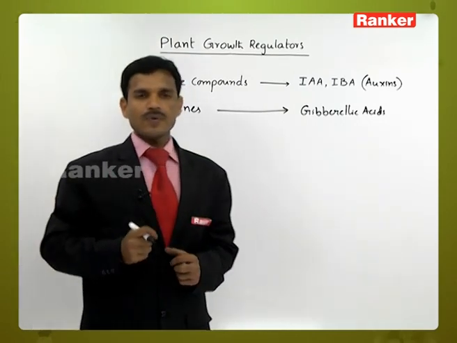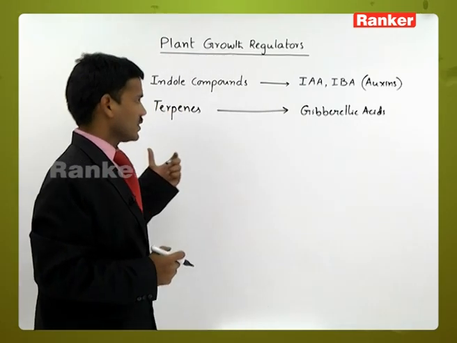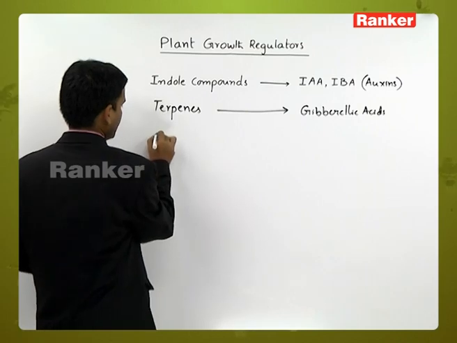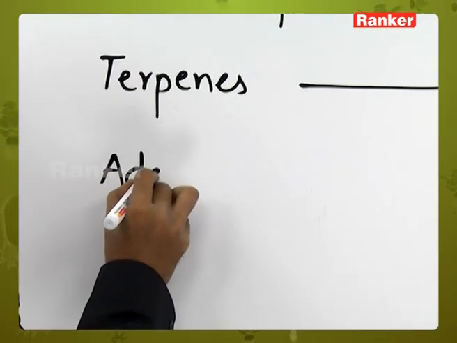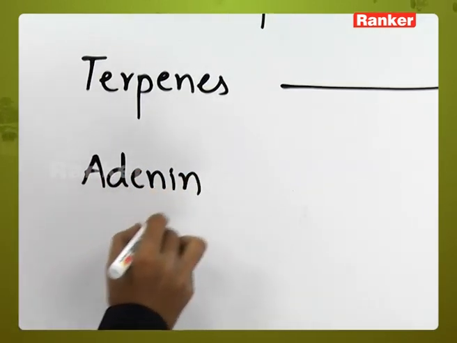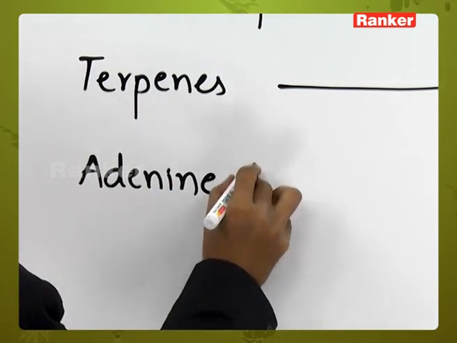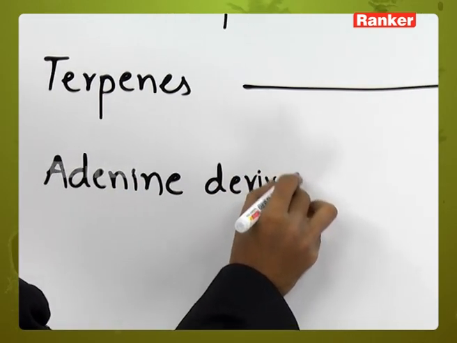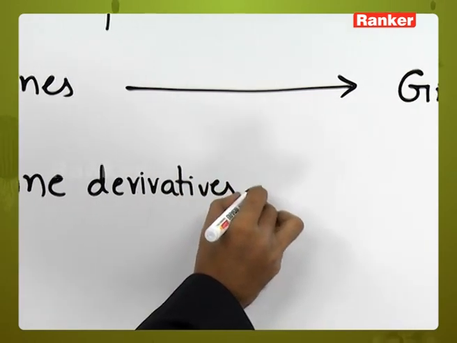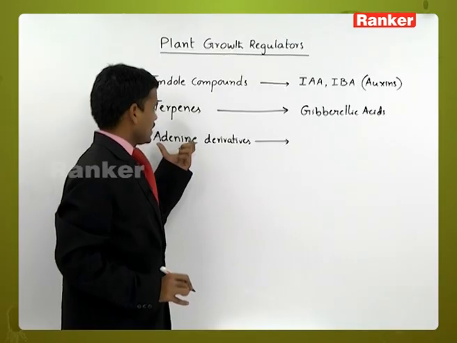And some components are the derivatives of adenine. Adenine is a nitrogen base.